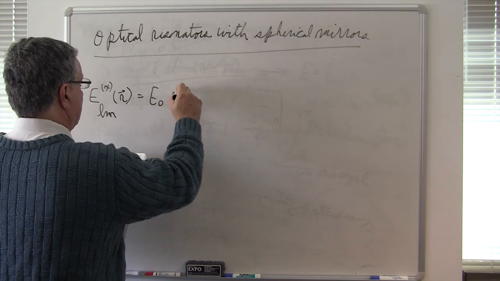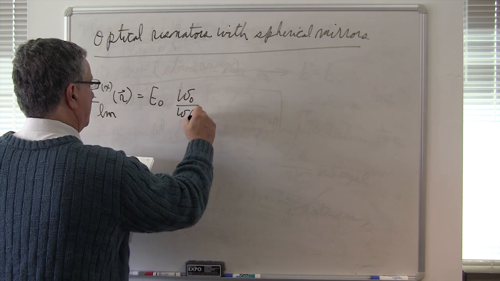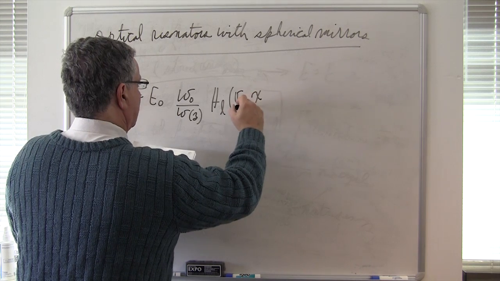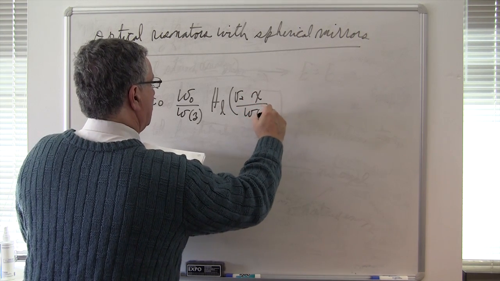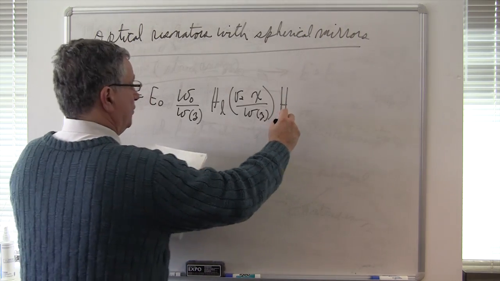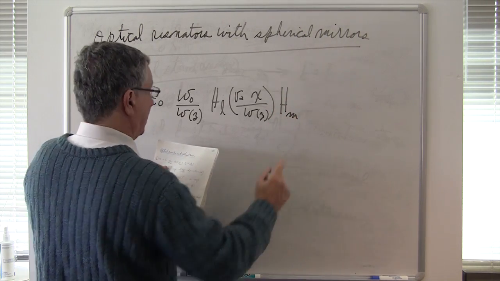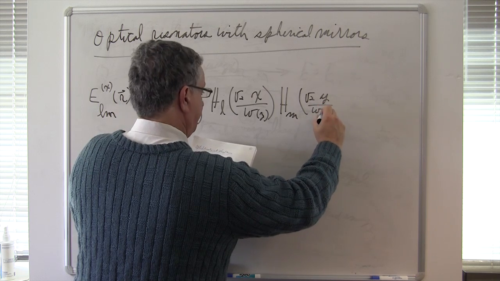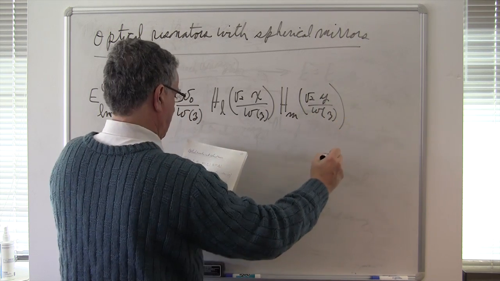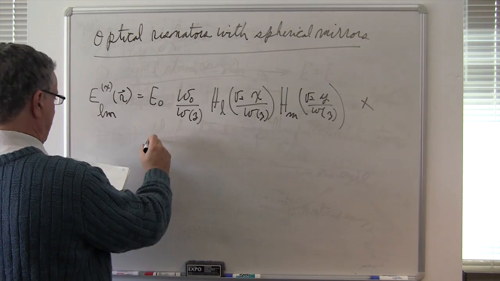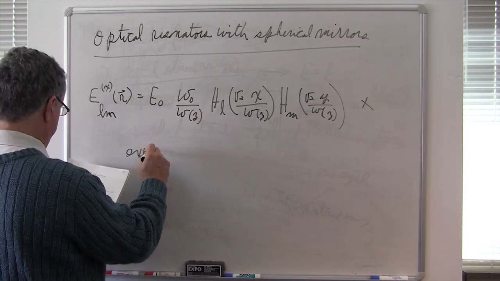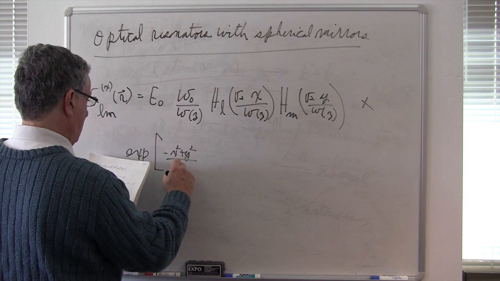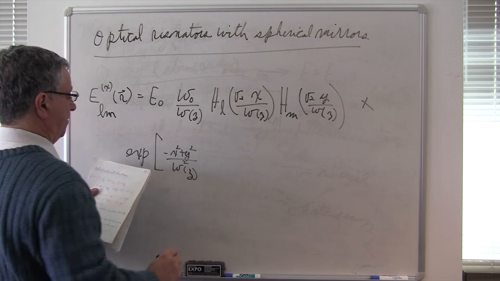We get an expression that looks like this: W0 over W of z, the Hermite polynomial of square root of 2x over W of z, the other Hermite polynomial for the M mode of the other axis, square root of 2y over W of z, multiplied by exponential of minus x squared plus y squared over W of z squared.